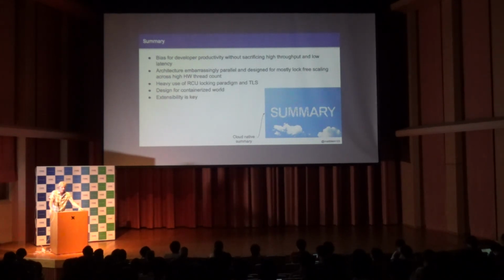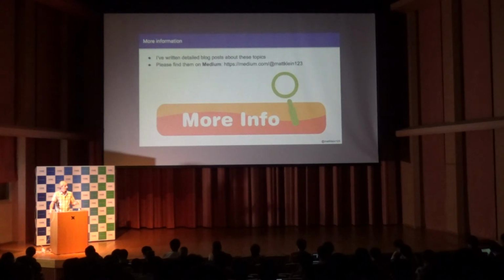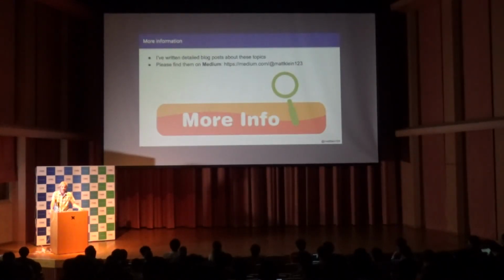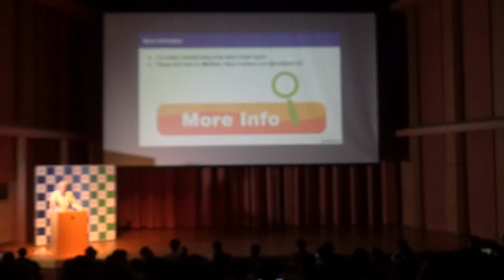The architecture is embarrassingly parallel, and we make all of the hot path as lock-free as possible. Heavy use of RCU and TLS, designed for a containerized world, a very extensible platform. I have written detailed blog posts about most of this, so you can find that on my Medium account if you'd like more information.